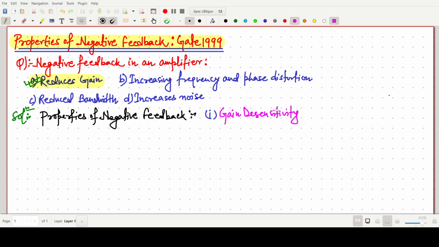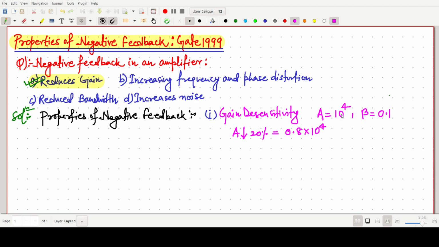So what gain desensitivity exactly means, I am going to discuss. For example, suppose we have an amplifier having gain 10 to the power 4, and the feedback gain beta, say, 0.1. Now suppose the amplifier gain is reduced by 20%, so the new gain will be around 0.8 into 10 to the power 4.